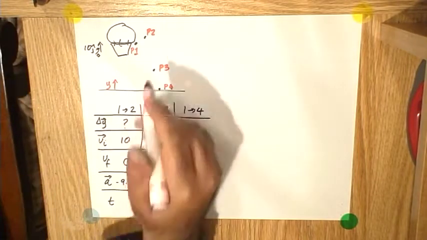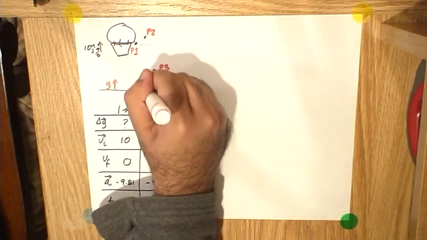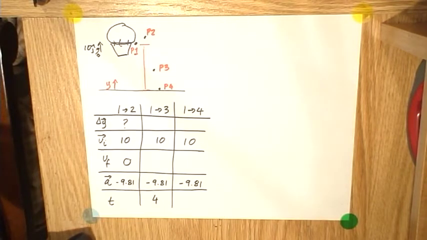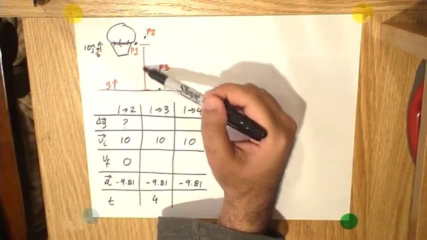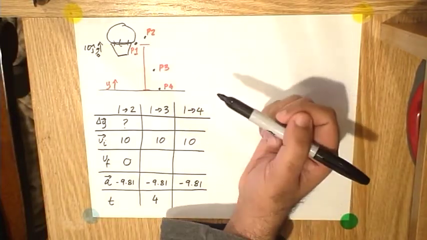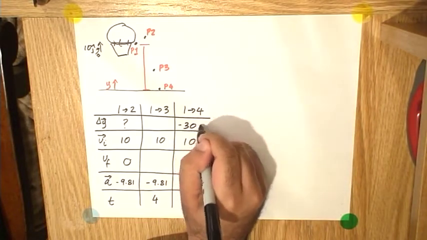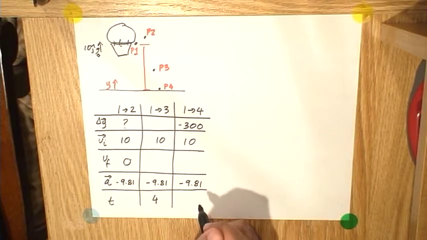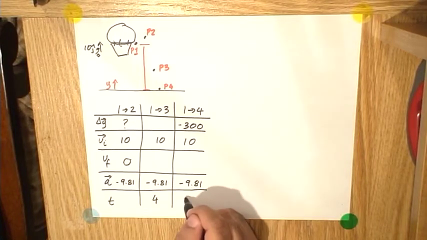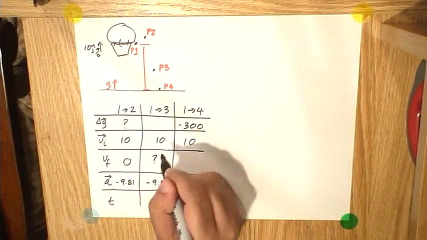That means that it has covered this entire distance from its initial position to the ground, which we were told was 300 meters, or more correctly, it's fallen by 300 meters, so its displacement is negative 300. And we were looking for the time in this case.